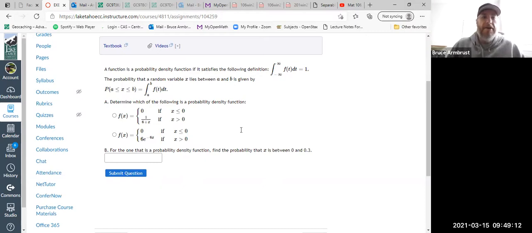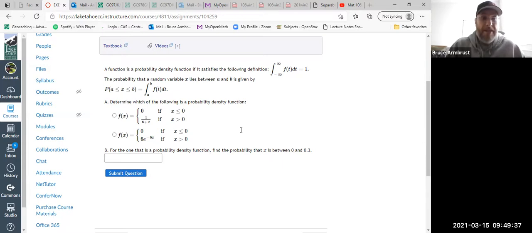All right, so it says a function is a probability density function if it satisfies the following definition. That if you integrate from minus infinity to infinity, you get 1. Okay, I will tell you that there's a little bit more to that being a probability density function, but that's not really relevant right now. The function's got to be positive. Can't have a negative function.